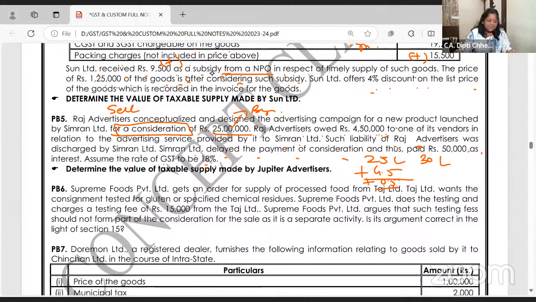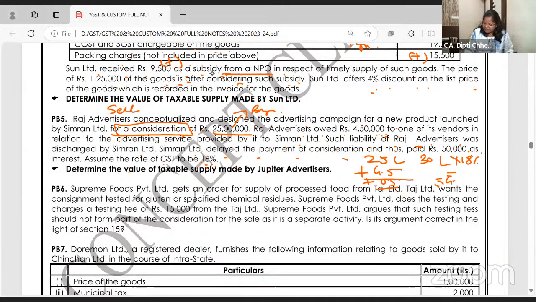Take 15%, there was a mistake in the rate here. Mm. 18% only we will take. It is not said to be inclusive, so we will take it as excluding and then take 18%.